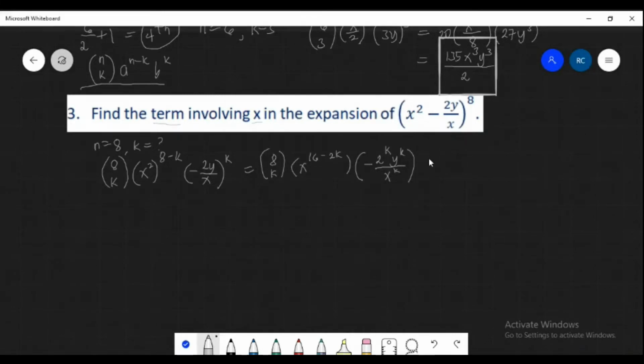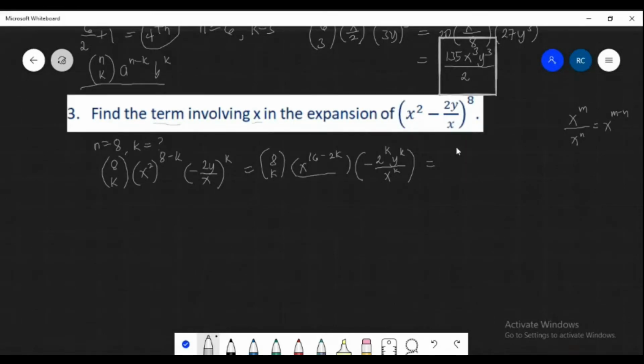Tapos, i-combine na natin yung x. Remember, yung rule. X raised to m all over x raised to n. Ano gagawin sa exponent kapag same sila ng base? Minus. Okay. Subtract. So ito ay m minus n na ngayon.